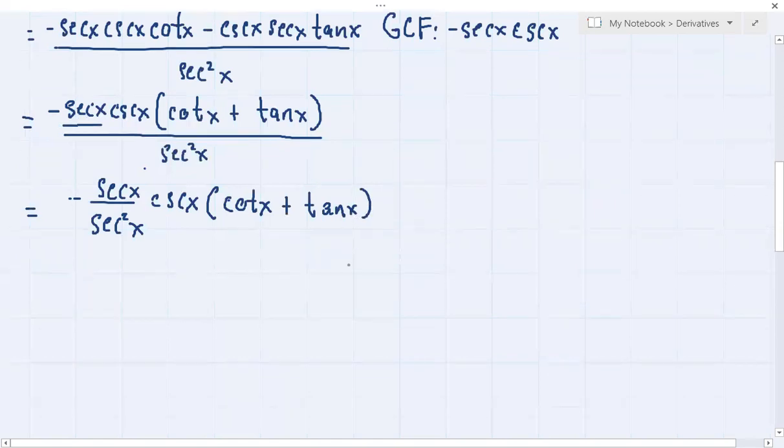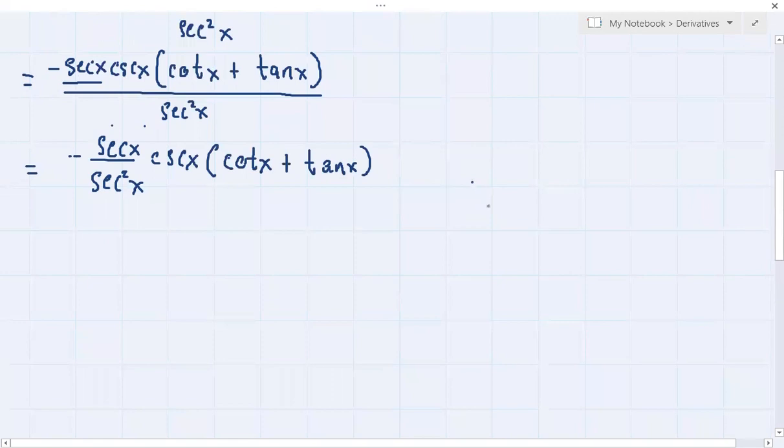Ayan. Dito sa secant x all over secant squared x, it's just like you are applying yung isa sa mga laws of exponent. Kunwari lang we have x all over x cubed. Both of them have the same base. Okay? So, pwede pa natin tong i-simplify.